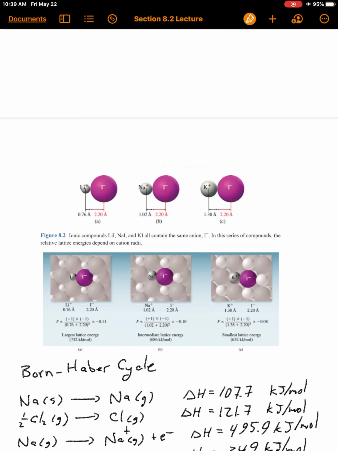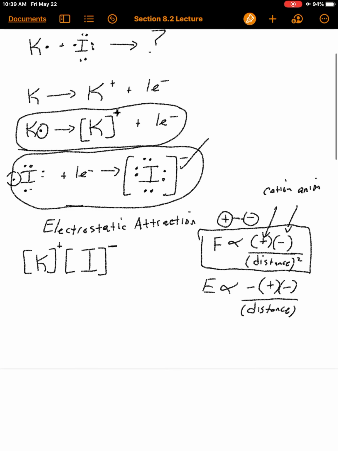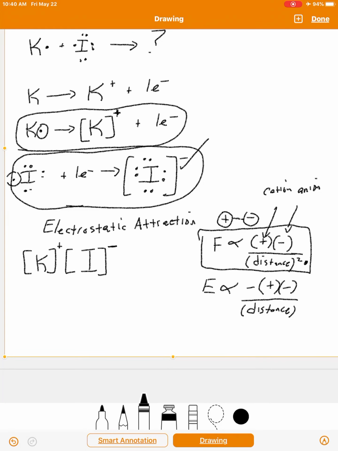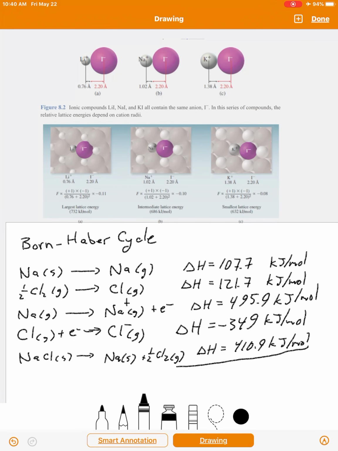If you look at the sodium iodide, the sodium ion is bigger than the lithium ion, and the potassium ion is bigger than the sodium ion. So what happens is those distances are changing. Coming back to this equation, the distance, the force of attraction is right here, right? Or here if you want to think of it in terms of energy, okay? So that is important. But now let's come back to this picture again.